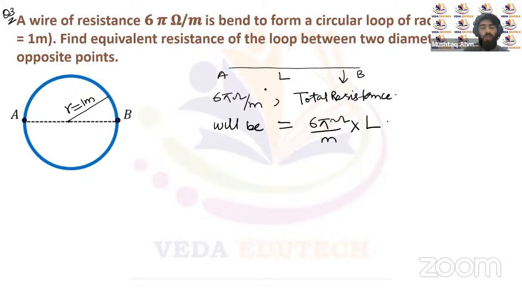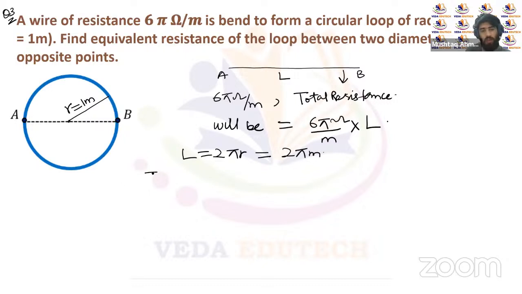But the total length of this wire is actually the circumference of this circular loop, right? So L has to be equal to 2 pi r, that's the circumference. r is given as 1 meter, so L will be equal to 2 pi meter.